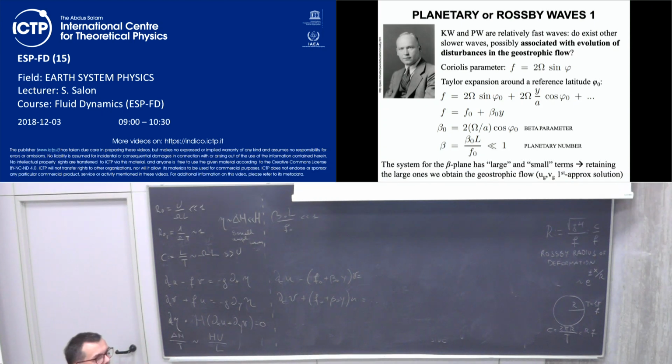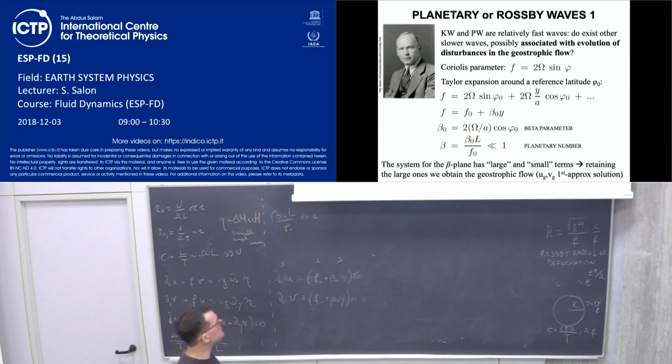On that geostrophic flow, we are adding some disturbances. The disturbances are going to create the barotropic waves. All the small terms will be related, for example, to the variation in time of u and to the planetary effect, while the large terms will be related to f0 and to the gradient of pressure.